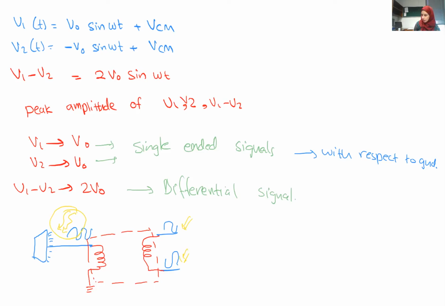Okay, so now we can see that there is an advantage of using differential signals. And there is one very useful type of circuit to amplify these differential signals, which we call the differential pair. Basically, it looks something like this.